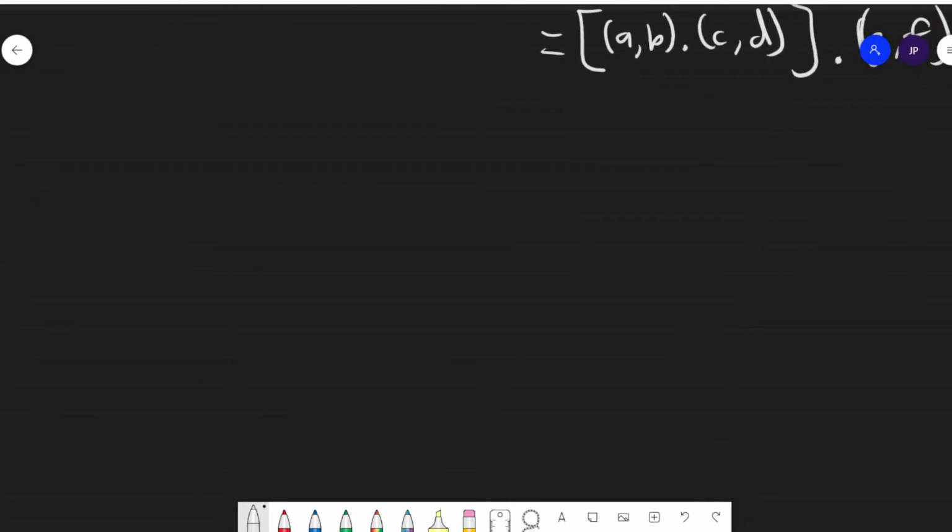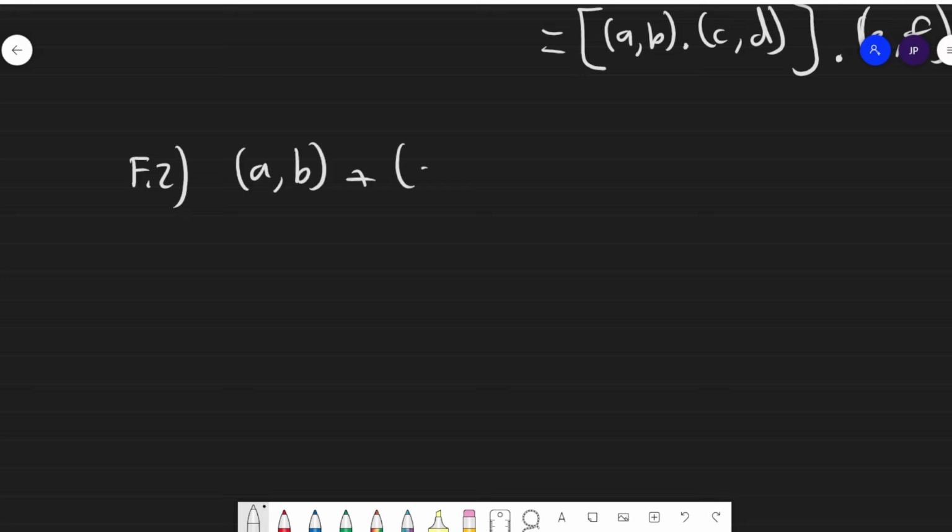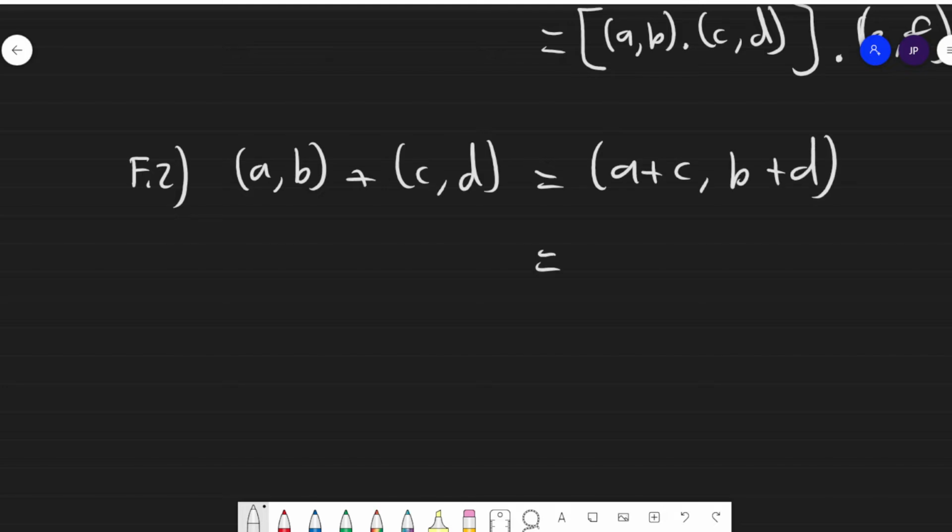So for the next one, field condition 2, we have to show that it commutes. Again, we'll start off by using two elements from K. I'm going to have A plus C, and this is going to be B plus D. Now, because A, B, C, and D are all elements of a field, they do commute, so I can very easily do this.